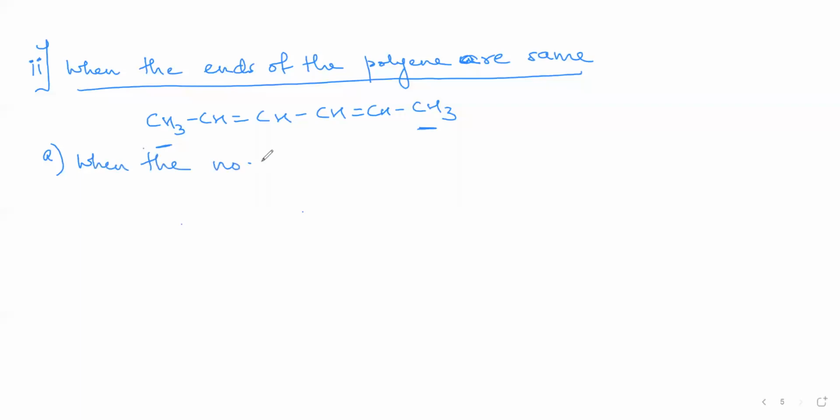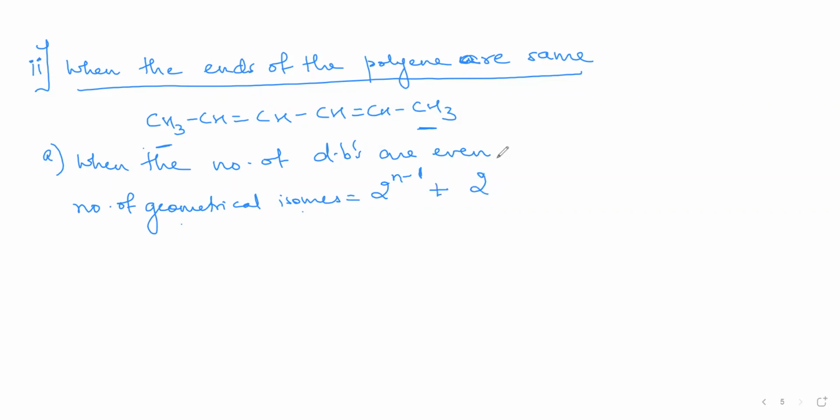When the number of double bonds are even, then the number of geometrical isomers is given as 2 raised to n minus 1 plus 2 raised to n by 2 minus 1, where the number of double bonds are even, like this one.